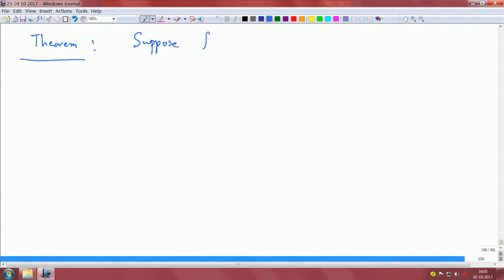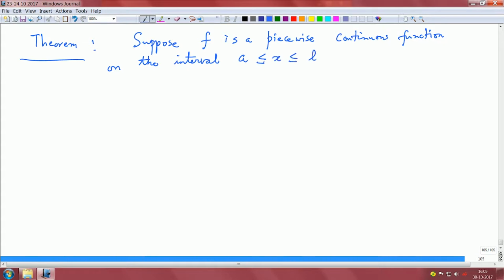Suppose f is a piecewise continuous function on the interval a ≤ x ≤ b.